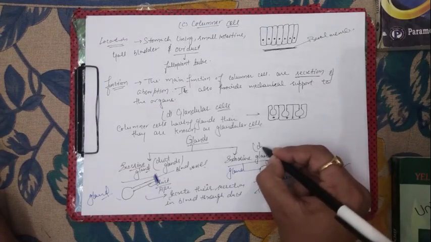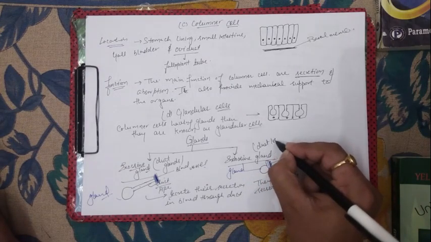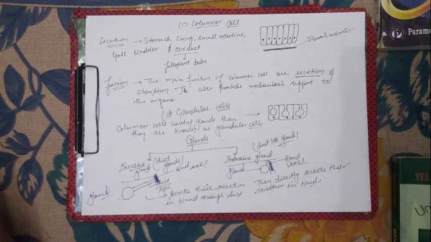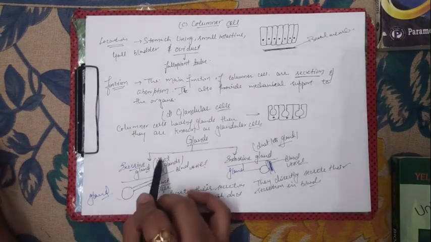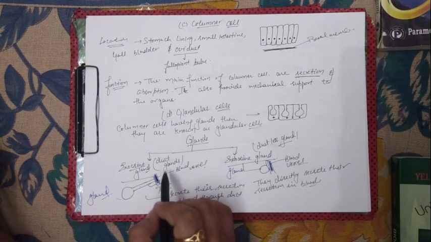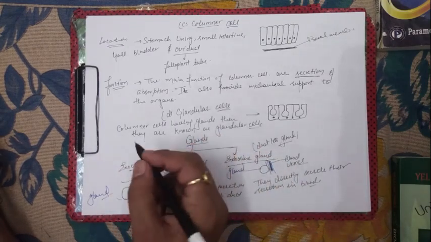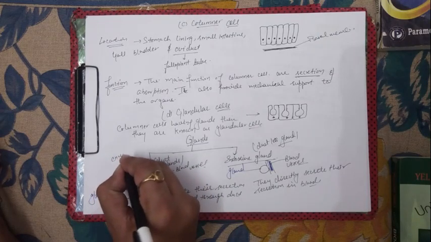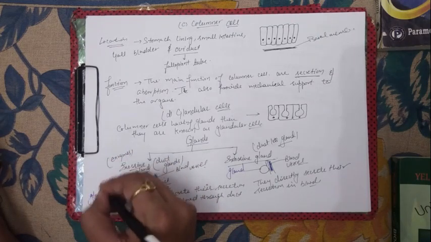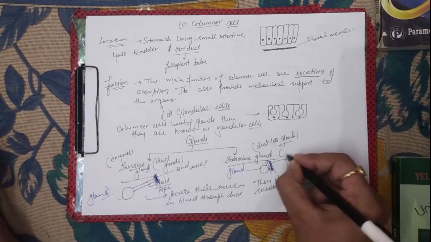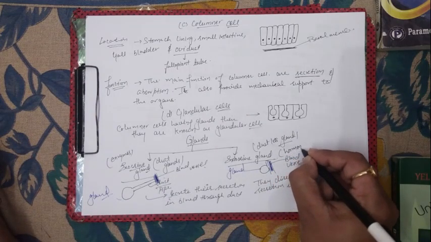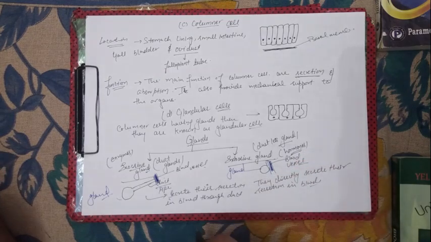They are known as ductless glands. Exocrine glands mainly secrete enzymes, whereas endocrine glands secrete their secretion in the form of hormones.